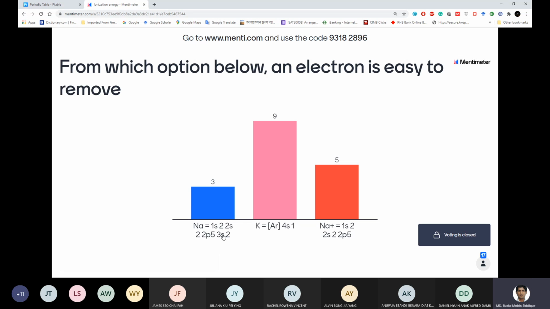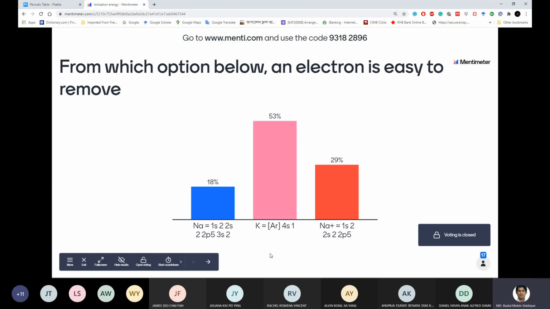As Anupaja says, the p was supposed to be 6 and the 3s would be 1. And sodium, since it is a metal, it will always be easier to remove an electron than to take an electron.